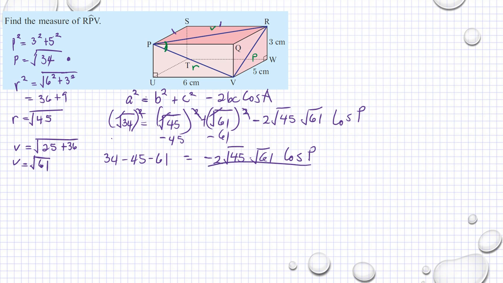If we divide both sides of the equation by negative 2 times the square root of 45 times the square root of 61, then what we get now is 34 minus 45 minus 61.